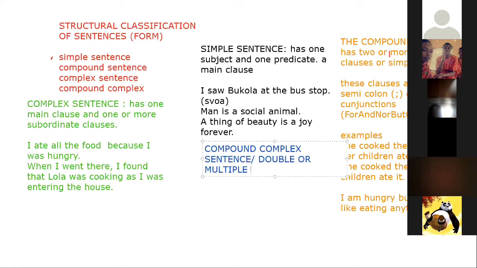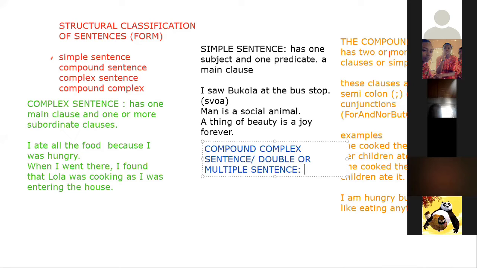You call it multiple because it is made up of several sentences. It is made up of a compound sentence and also a complex sentence.